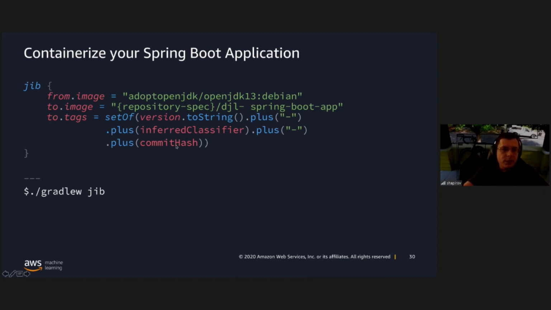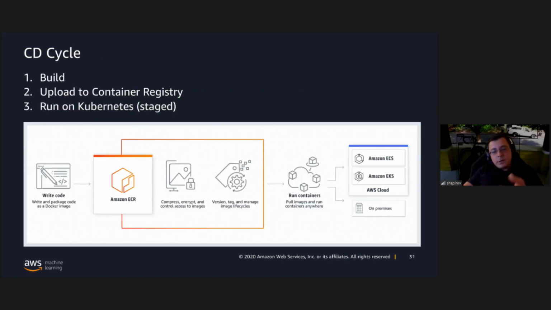And the important part here is that we will also add the commit hash to the tag so that it can distinguish that specific image from everything else. The CD cycle, which is a continuous deployment cycle, is straightforward. We're going to build, upload to a container registry. In our case, it's going to be Amazon ECR, but you might as well use Docker Hub or whatever you prefer, and run it on Kubernetes with EKS or ECS.